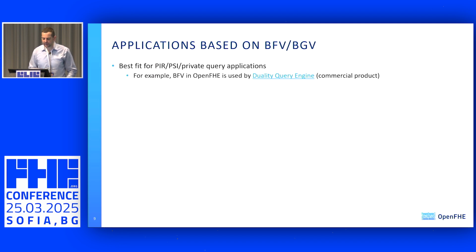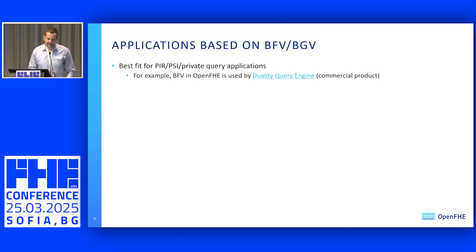So we'll start with applications based on BFV BGV. I would say it's common knowledge that for solutions that deal with relatively basic or maybe even more advanced PIR, PSI, and private query functionality, the BFV BGV-based approach is the most commonly used one in the industry. For instance, Duality has a product based on it.